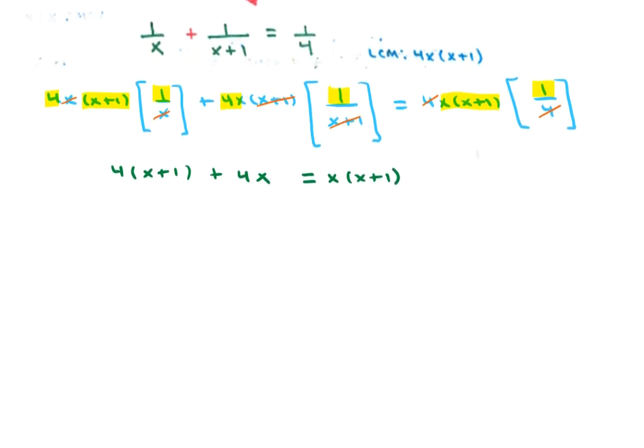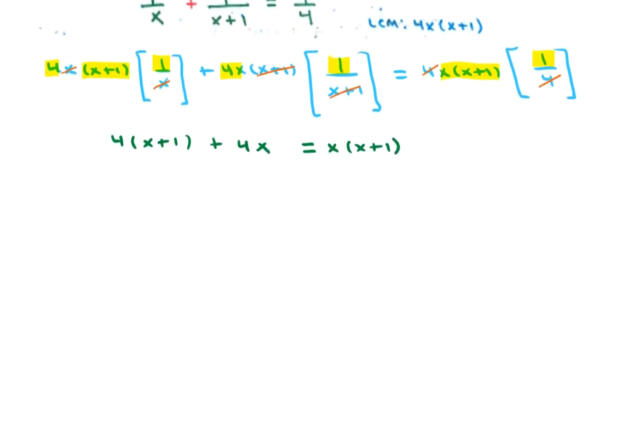Okay, next thing we want to do is clear parentheses via distribution. So we'll go ahead and do that. We get 4x plus 4 plus another copy of 4x. On the right-hand side, x squared plus x.